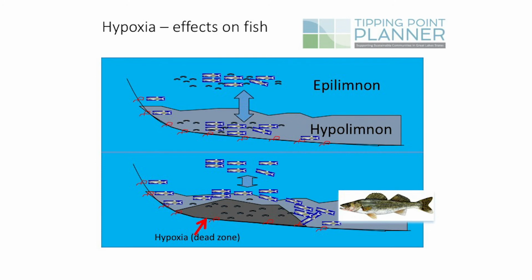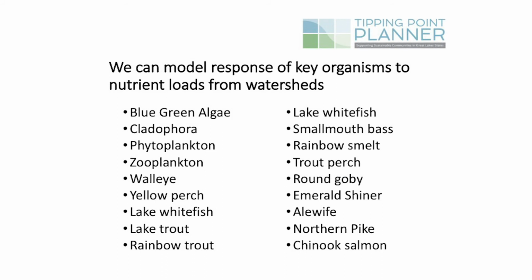Notice that fish are distributed up in the water column and near the bottom when there's plenty of oxygen, but when there is a hypoxic condition in the bottom waters, it forces some organisms off the bottom and makes them actually more vulnerable to predation by key predators like walleye. So we think that this may have long-term consequences for the structure and the health of the food web.